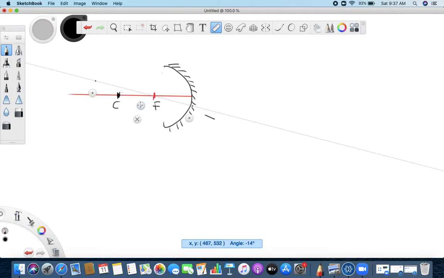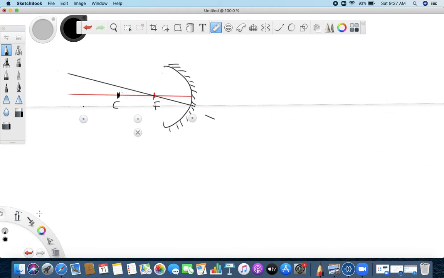If the incident ray is passing from principal focus, it will touch here, and after reflection, where does it go? It will become parallel. So understand this thing. Here this is the incident ray and this is the reflected ray.